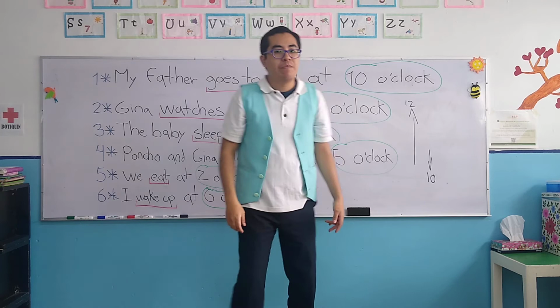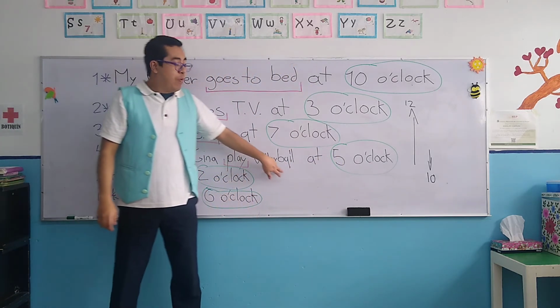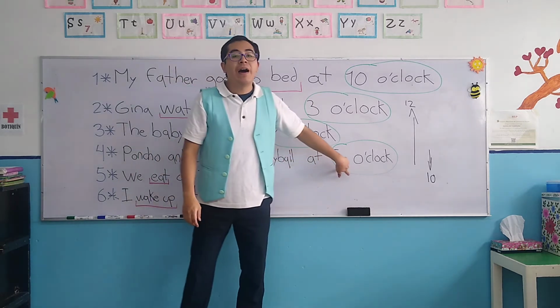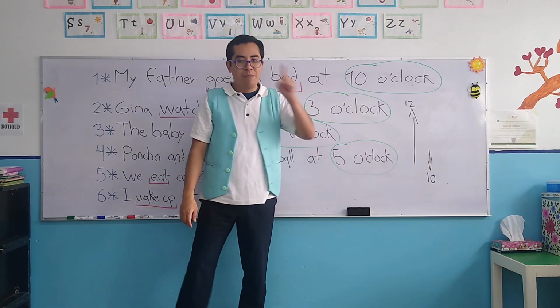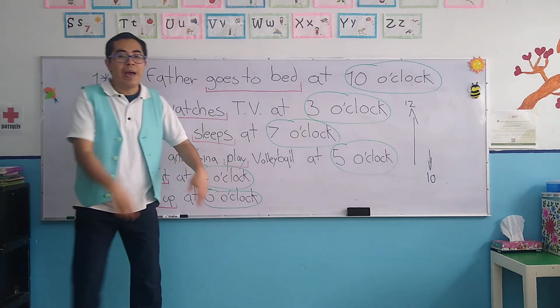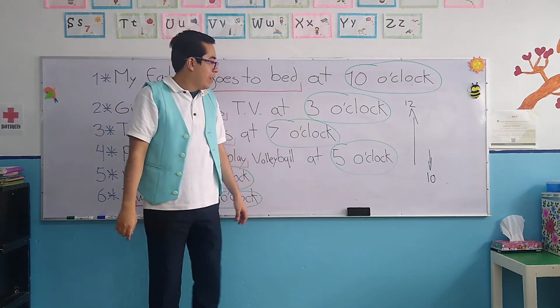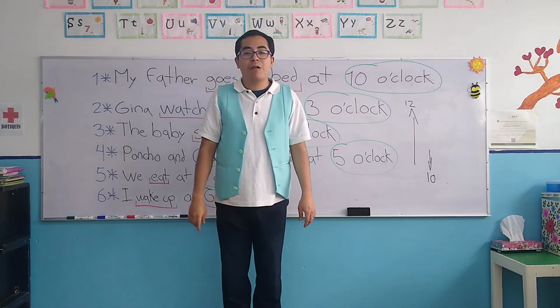You do this action so you can hit the ball. Okay, that is volleyball. Poncho and Gina play volleyball at 5 o'clock. One more time. Poncho and Gina play volleyball at 5 o'clock.